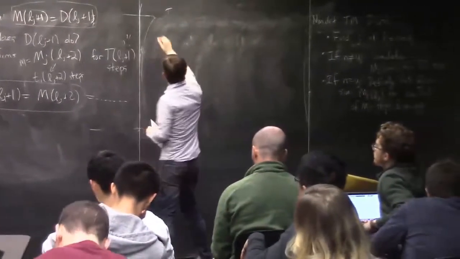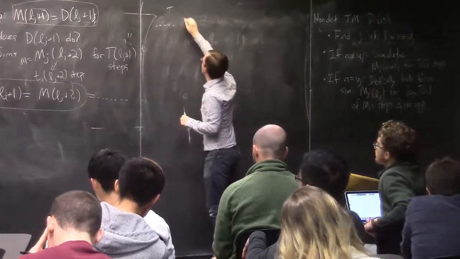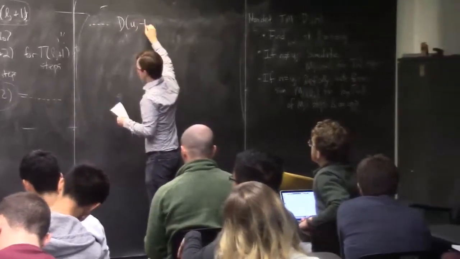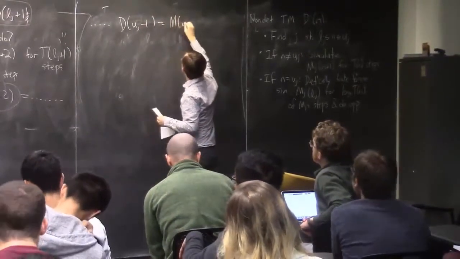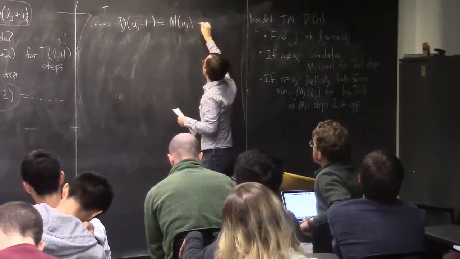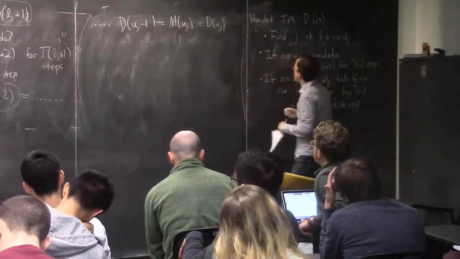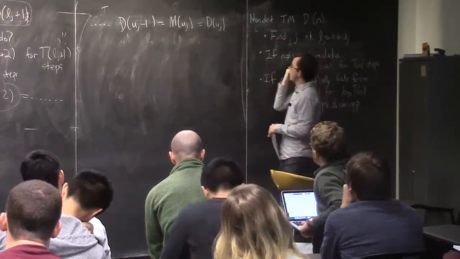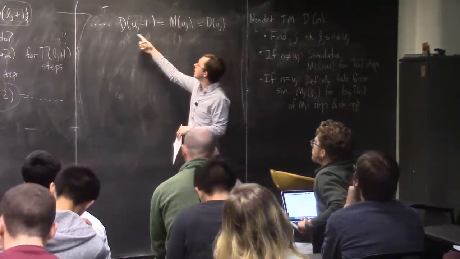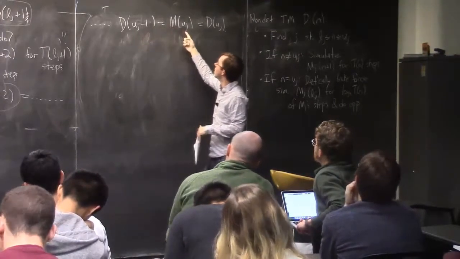If we repeat this argument until the end, we get that D on u_j minus 1 equals M on u_j, and that equals D on u_j. And that's the last place we can do the argument, because D on u_j minus 1 simulates M up here.